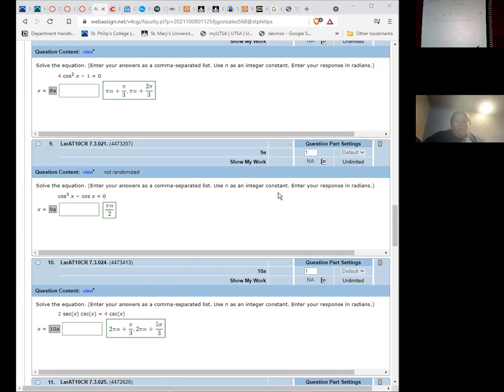Use n as an integer constant. So pi over 2 times n. So n is either 0, 1, 2, 3, 4, 5, or -1, -2, -3, -4, forever. And I'll keep landing on those spots on the circle. So it helps to have the circle with you unless you decide to memorize it. Which I don't require you to do.